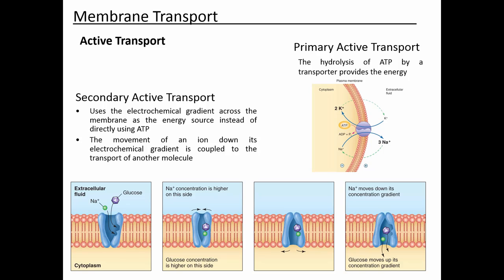Okay, just as one example of what this does, in your nervous system, I told you that typically you have these concentration gradients for sodium and potassium across the plasma membrane of your cells. This pump maintains those concentration gradients, and those concentration gradients can be used by the cell for different things.